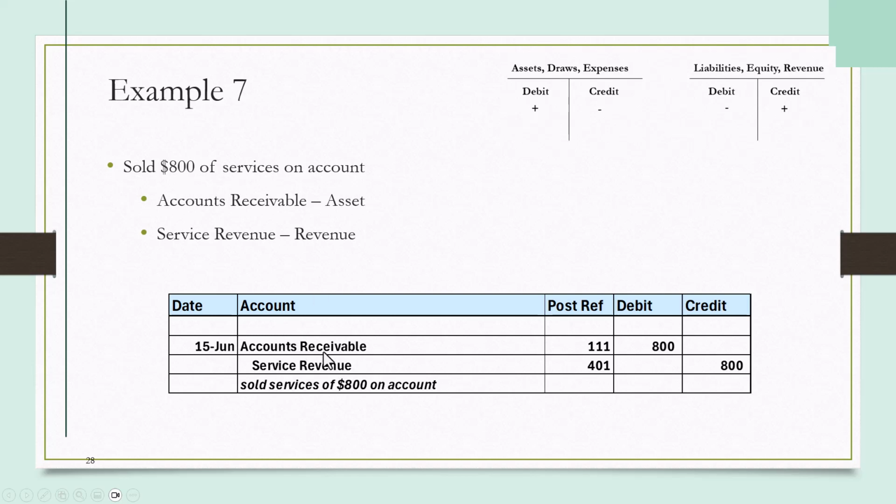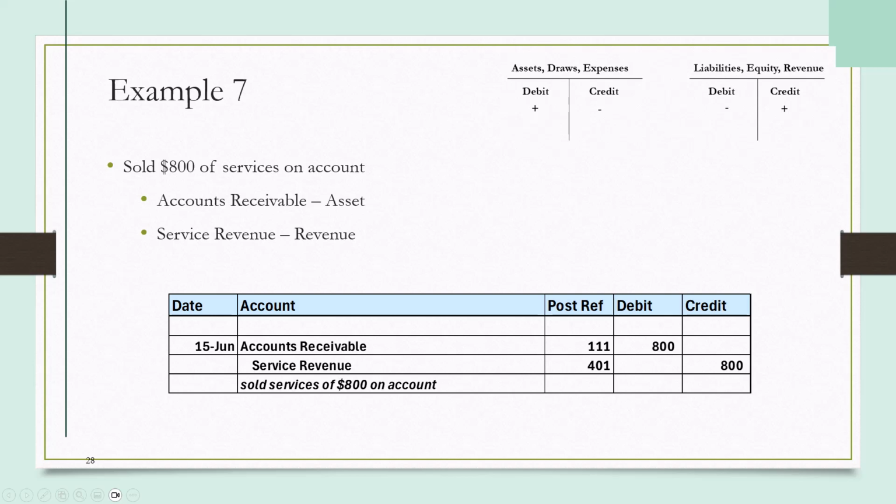And we recorded a debit to accounts receivable for $800. And we recorded the revenue of $800. So we don't want to record the revenue again when these customers pay. All we want to show is that these customers no longer owe the $800. They are paying for their bill.